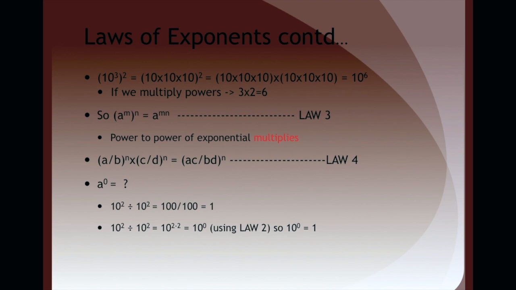So 10 raised to power 0, what was the answer in the earlier step? The answer is 1. This holds true for any base. Instead of 10, we can take any number as the base. It holds true for every number. So in general we can say a raised to power 0 equals 1, which is law 5 of exponents.